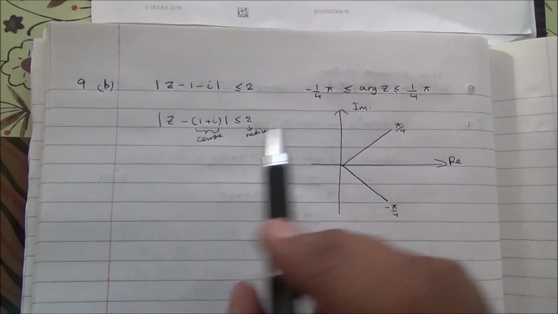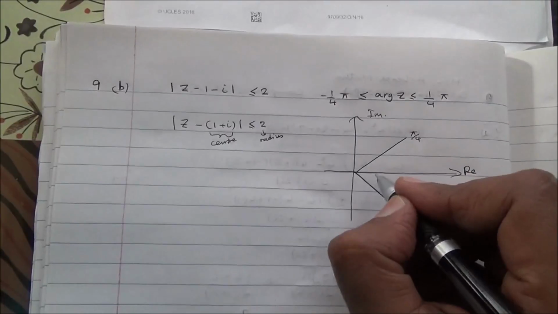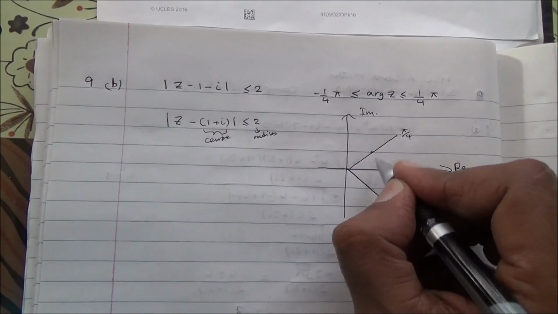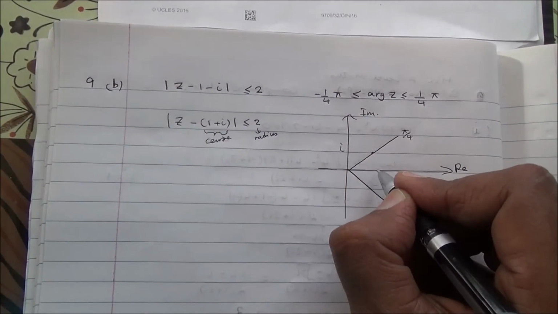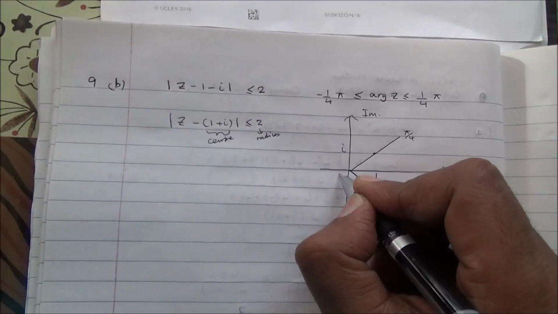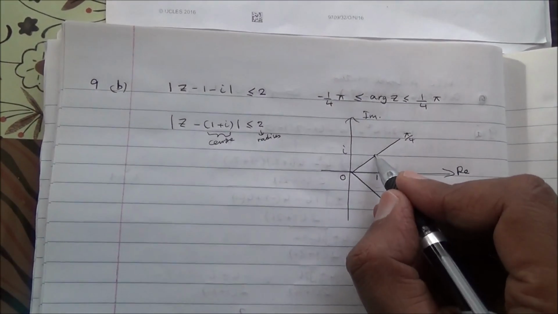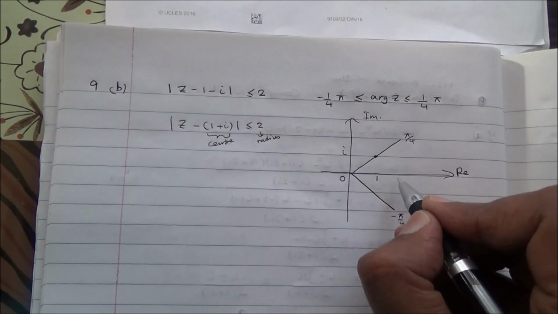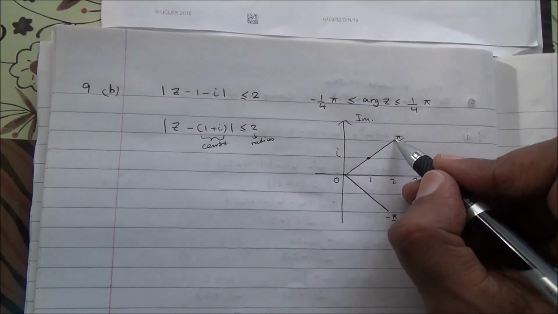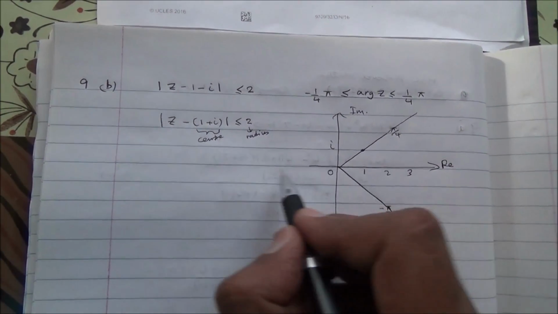But what about the circle? The center of the circle is, like we're saying, (1, 1). So here, i, and this is 1, so this is 0. The radius is 2. Therefore, from here we're going to go 2, which is then 2, 3. Okay, so this can be extended further. Sorry about the drawings.